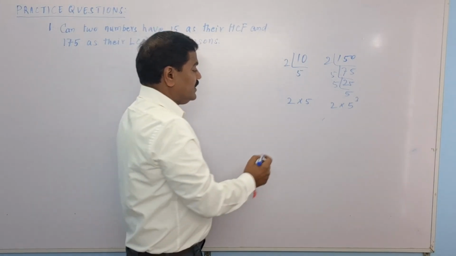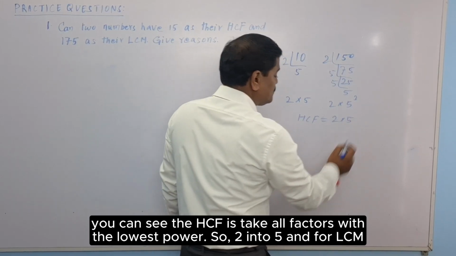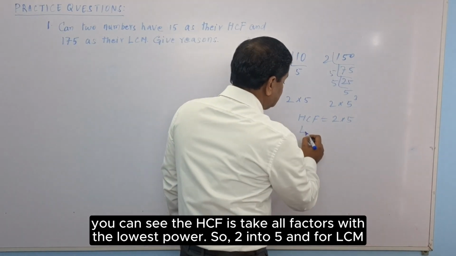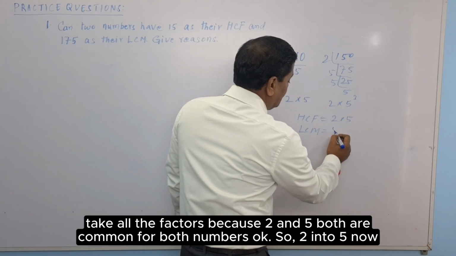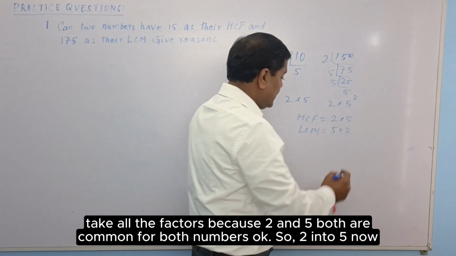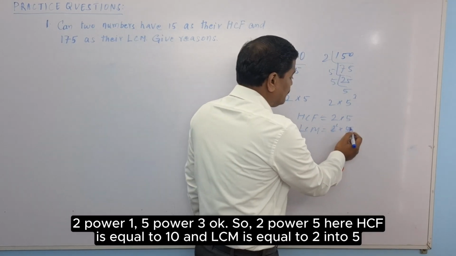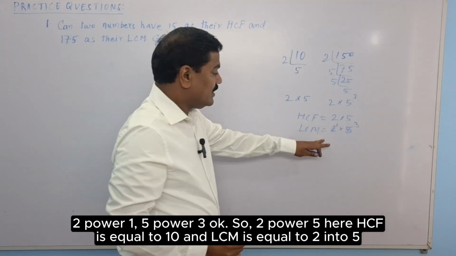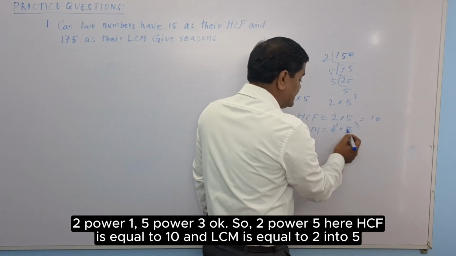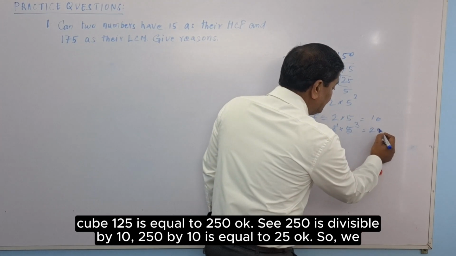For the HCF, take all common factors with the lowest power, so 2 into 5. For the LCM, take all the factors with the highest power, 2 power 1 and 5 power 3. So the HCF is equal to 10 and the LCM is equal to 2 into 5 cube, 125, which is 250.